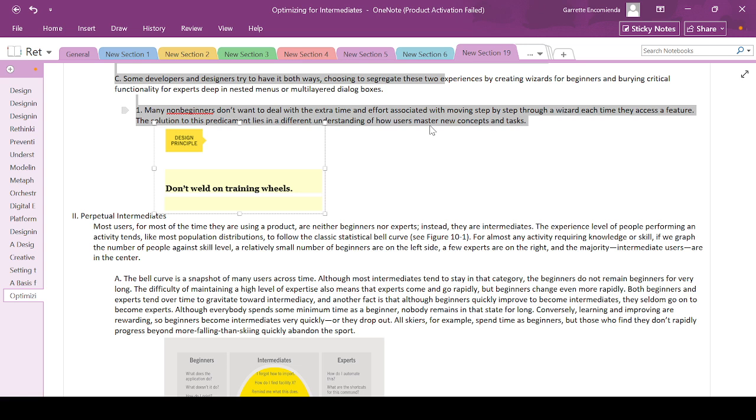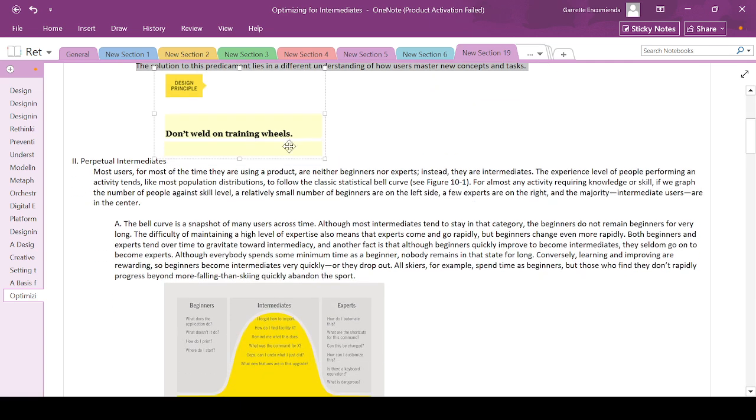So a lot of intermediates don't want to deal with that extra wizard every time they access a simple task or feature. As we will later see, the solution to this predicament lies in a different understanding of how users master new concepts and tasks.